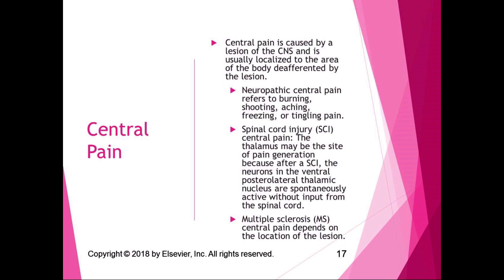In spinal cord injury central pain, the thalamus may be the site of pain generation, because after a spinal cord injury, neurons in the thalamus are spontaneously active without input from the spinal cord. Sometimes people can have a stroke that causes a thalamic pain syndrome as well. In multiple sclerosis, a lot of times central pain depends on the individual location of their lesions.